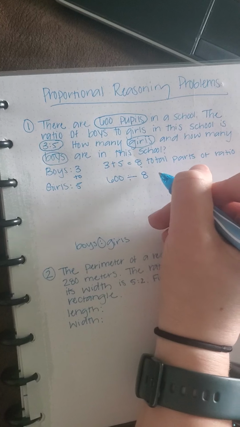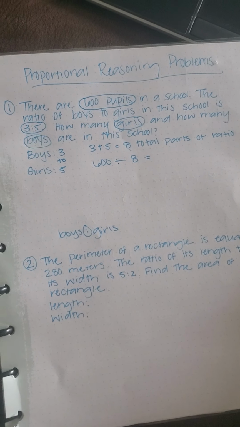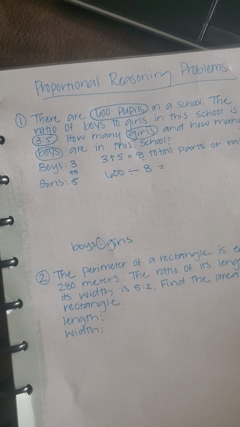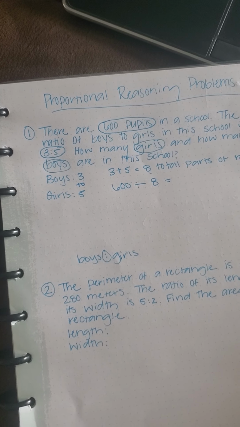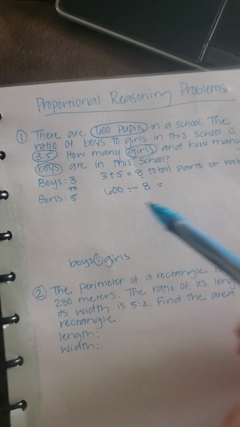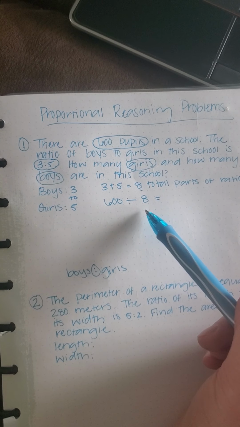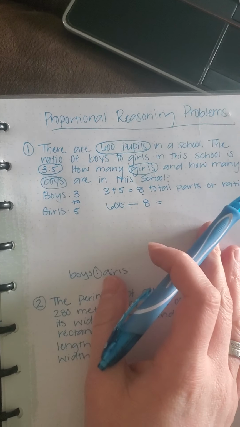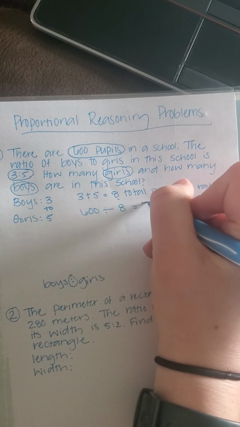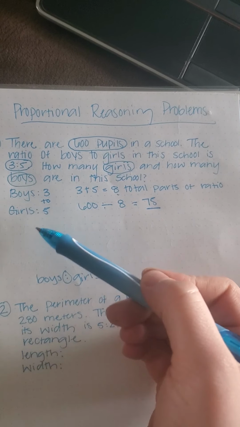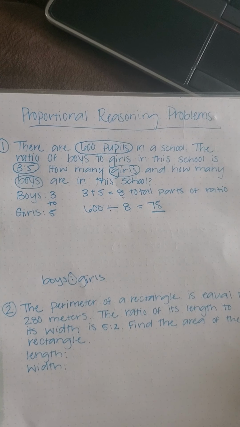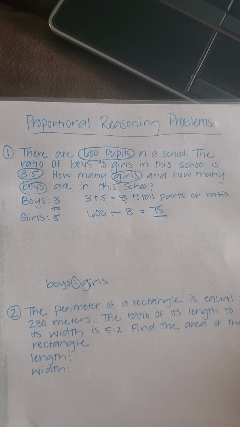I'll give you a minute to work through 600 divided by 8, and put your pencils down when you have the answer. Who has the answer? Very good, that's 75. This is the number we're going to multiply by each part of our ratio to find our total number of boys and girls.